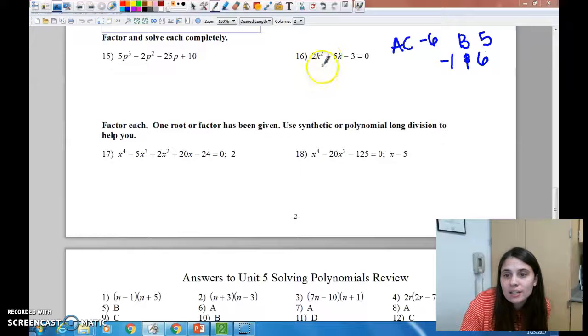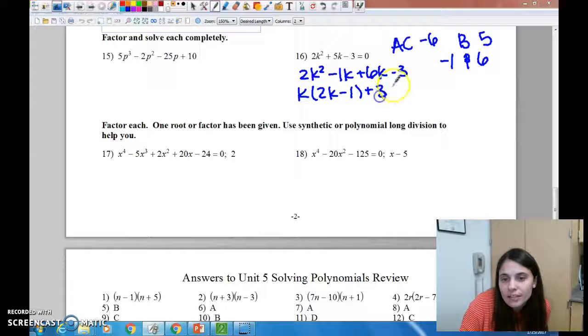Now because a is not equal to 1, I've got to rewrite this as 2k squared minus 1k plus 6k minus 3. So over here, the only thing I can take out is a k, and I'm left with 2k minus 1. Over here, I can factor out a 3, and I'm left with 2k minus 1. So now my parentheses match, and I have 2k minus 1 times k plus 3.